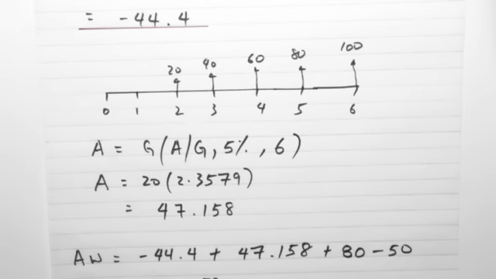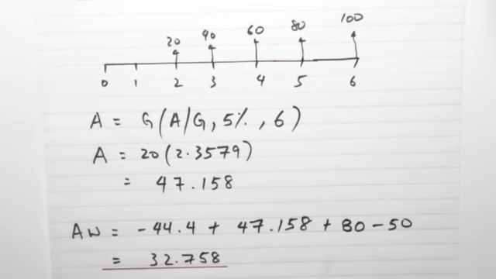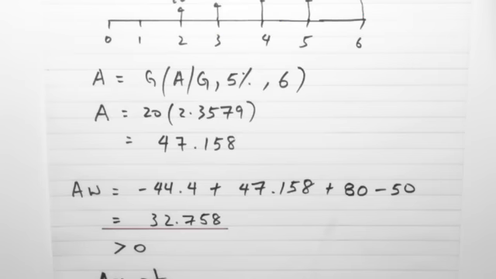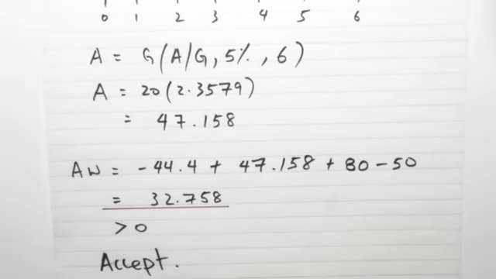We add all of them up, and we get the annual worth to be 32.5758. This is greater than 0, so we will accept the project. This is how we work out the annual worth of a project. All we need to do is convert everything into an annuity and simply add up the annual amounts.